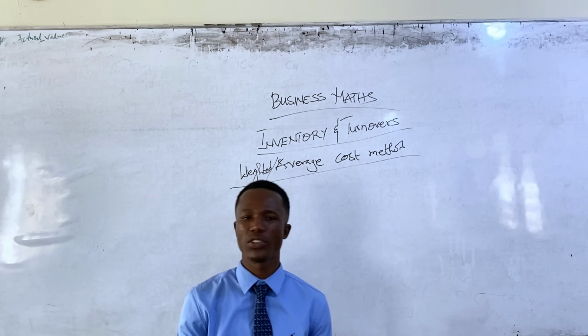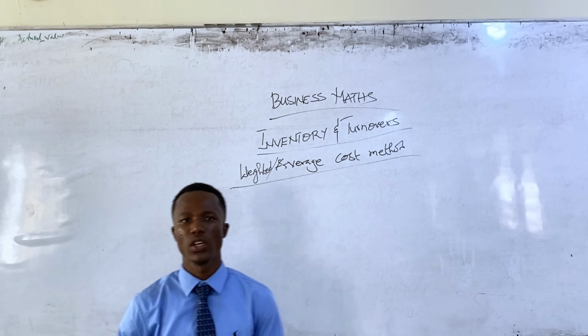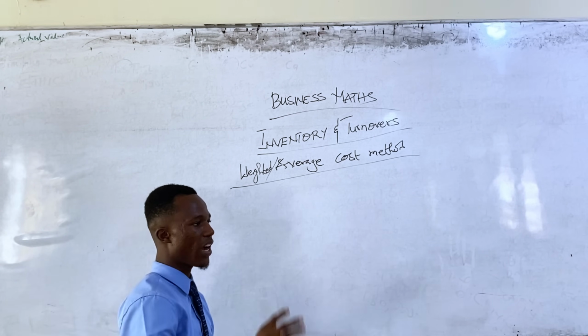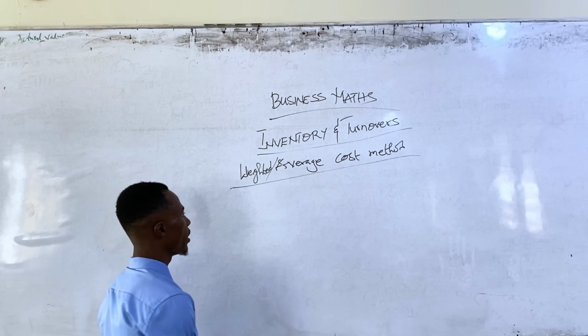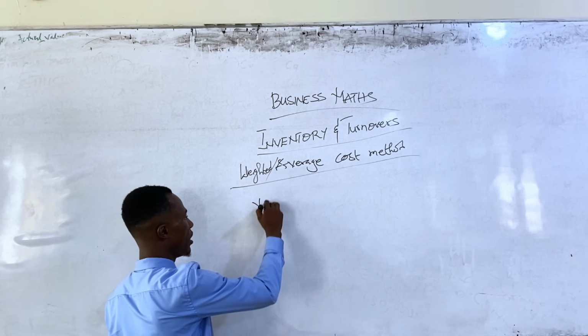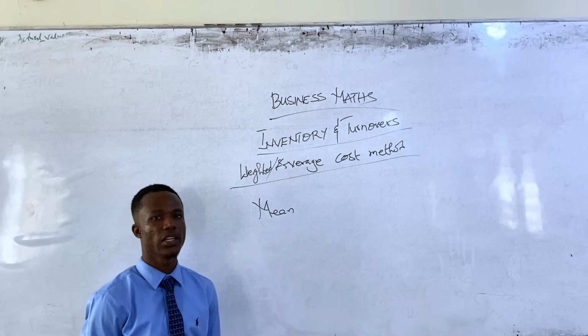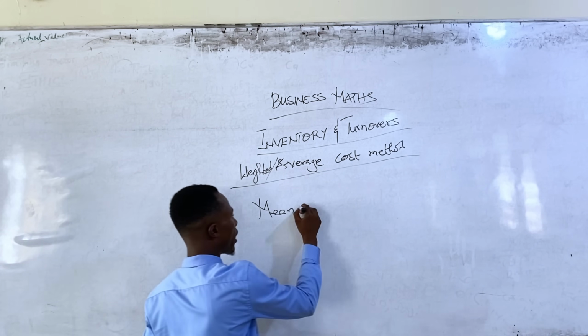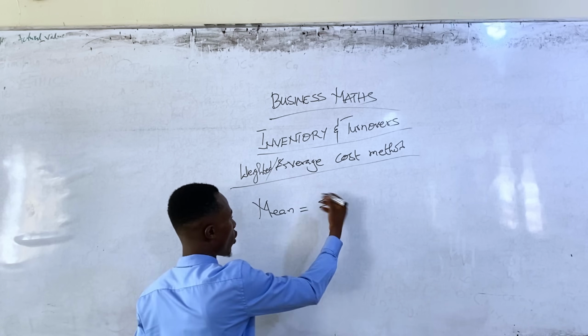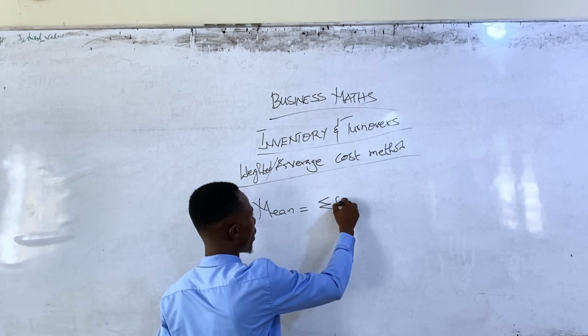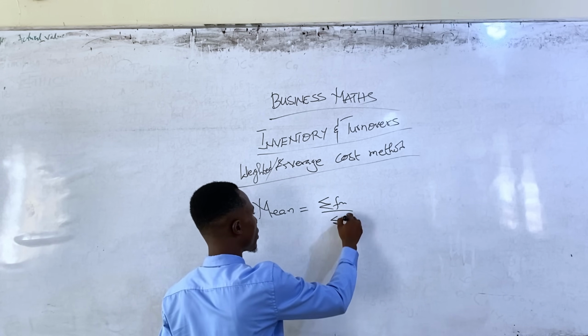Now in our elementary school and senior high schools, you know that anytime we talk about average or weight, they are talking about the mean, right? And the mean is the summation of x, or summation of fx over summation of f.